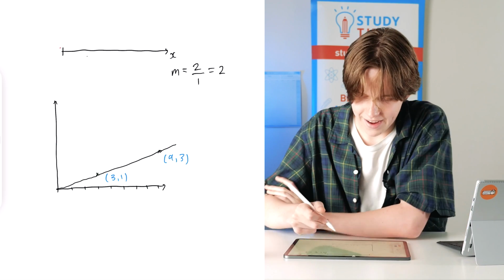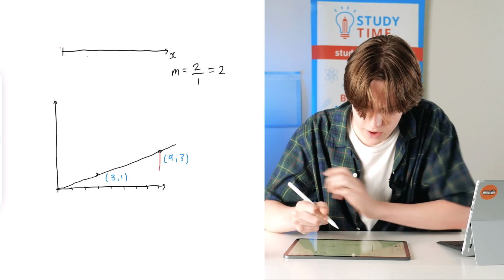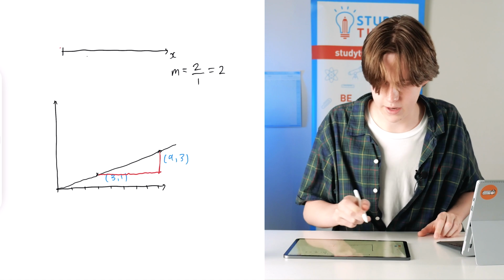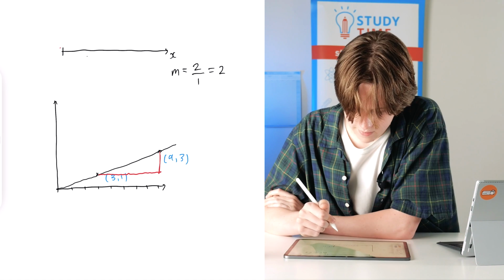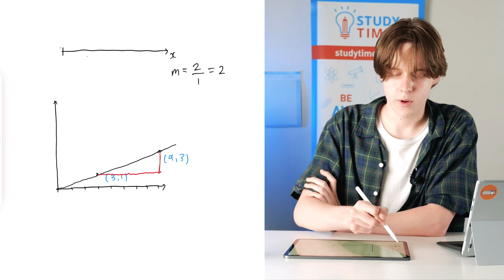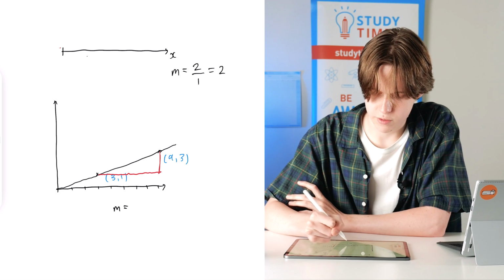Okay, we're back, and we're just going to show you the answer to this. So if I were to find the gradient here, we would be looking at the rise. m equals the rise over the run.